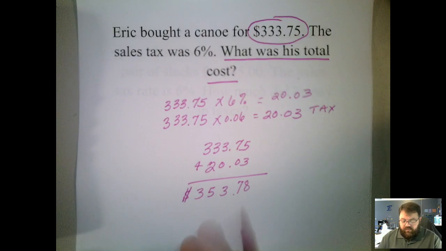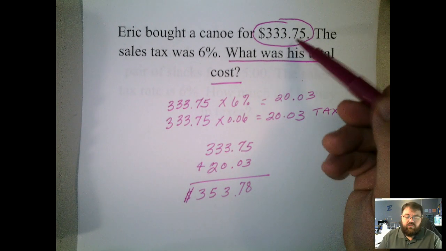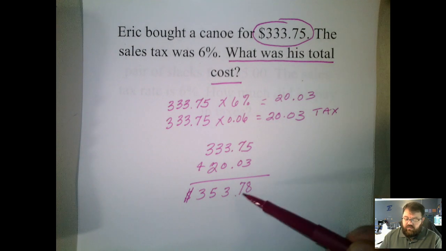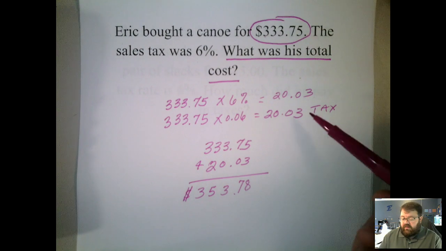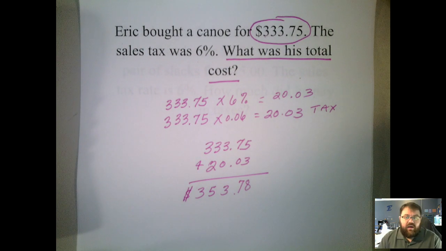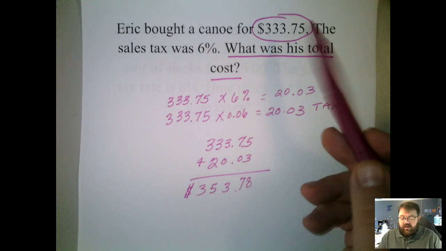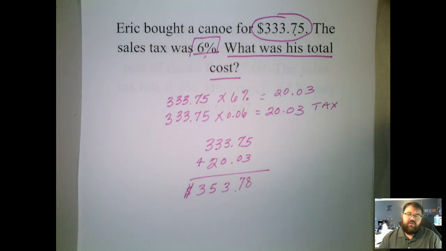So if you were to buy this canoe at Dunham's, they're not going to just charge you $333.75. They're going to charge you $353.78 because you bought this canoe in Kentucky. This is the price that you have to pay. All we're doing is multiplying the subtotal, or in this case the price of the canoe, times the rate. And our rate here is 6%.